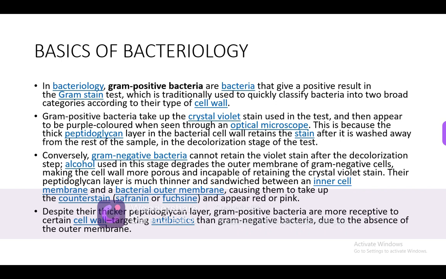Their peptidoglycan layer is much thinner, sandwiched between the inner cell membrane and the bacterial outer membrane, causing them to take up the counterstain. The other stain in the gram stain is safranin, or fuchsin. It will then counterstain, and that is why they will appear red or pinkish in color rather than crystal violet.